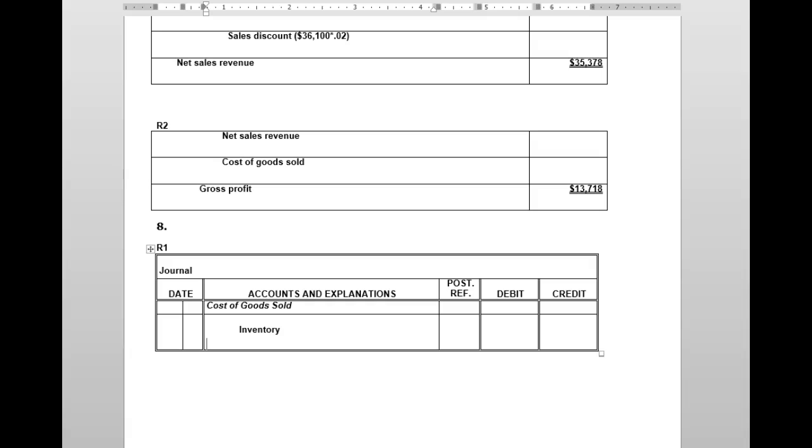So a very simple entry you would make at the end of the period as you were doing all of the final bookwork. So I think we'll end this one, and then we'll start with number 9, which looks at closing entries, which can be confusing.